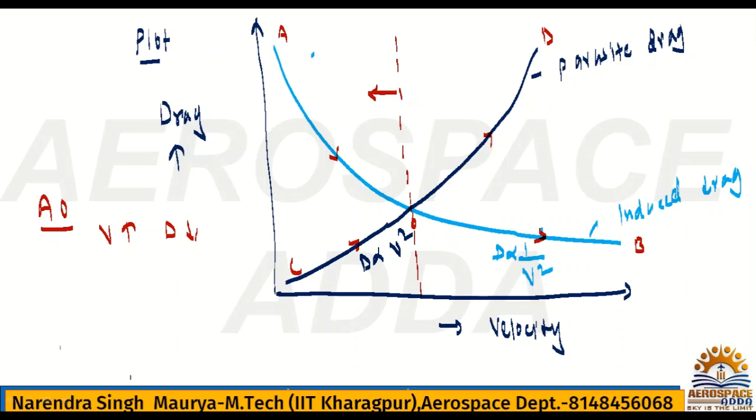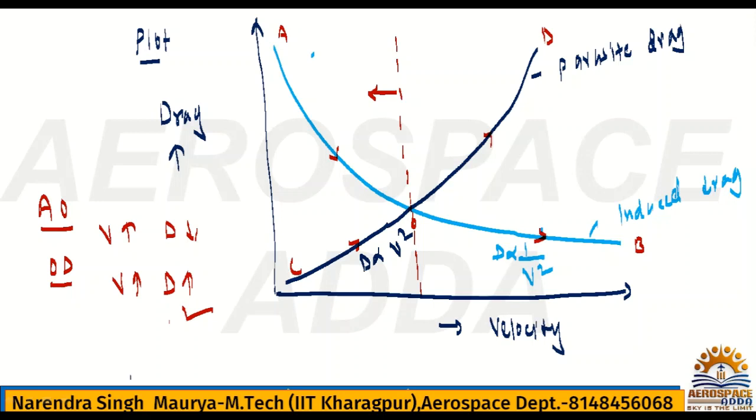I'm talking about AO. What about OD? Check OD. In case of OD, velocity is increasing, and drag is also increasing. So this is physically possible. If velocity increases, total drag increases. That is true.